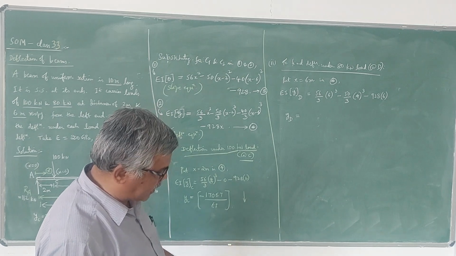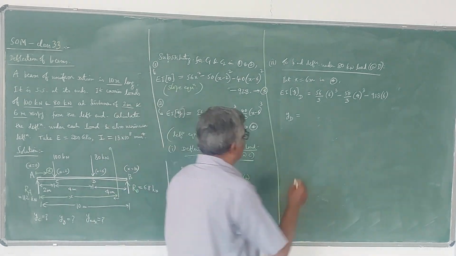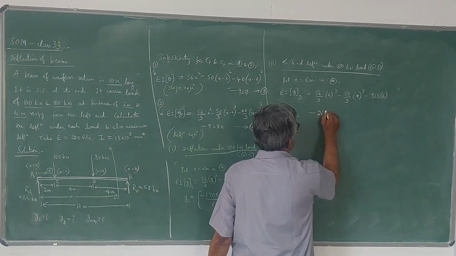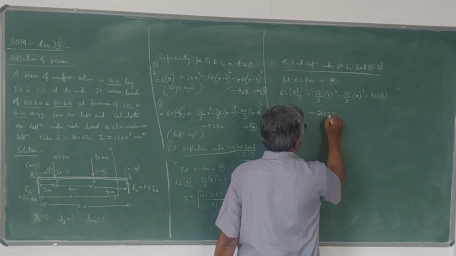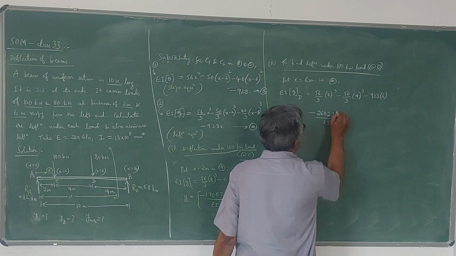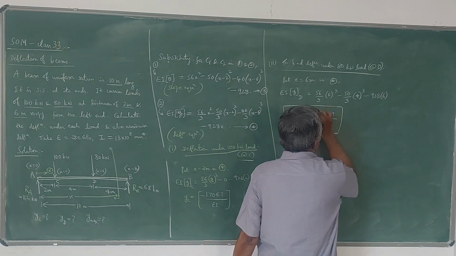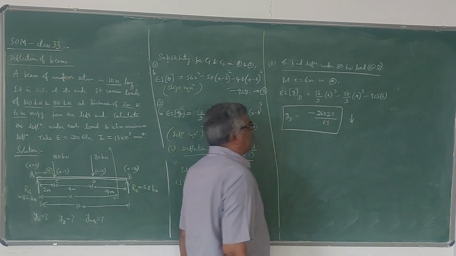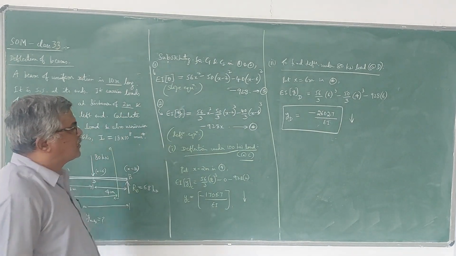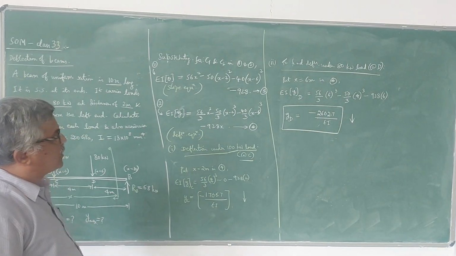So you will be getting minus 2602.7 divided by EI. So this is the downward deflection, negative means downward deflection.